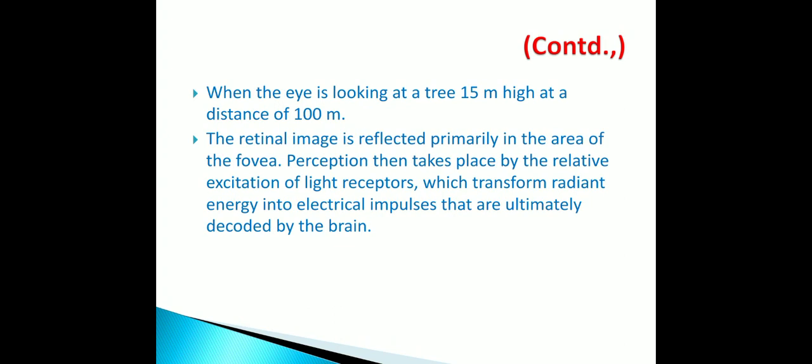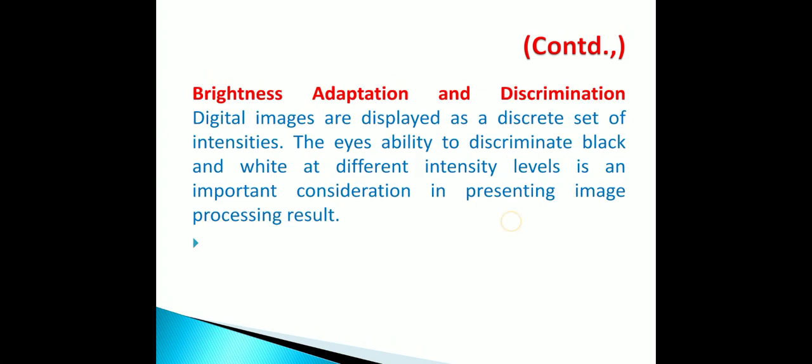When the eye is looking at a tree 15 meters high at a distance of 100 meters, the retinal image is reflected primarily in the area of the fovea. Perception then takes place by the relative excitation of light receptors, which transform radiant energy into electrical impulses that are ultimately decoded by the brain.